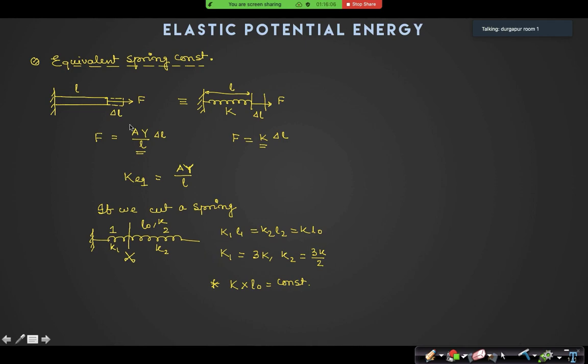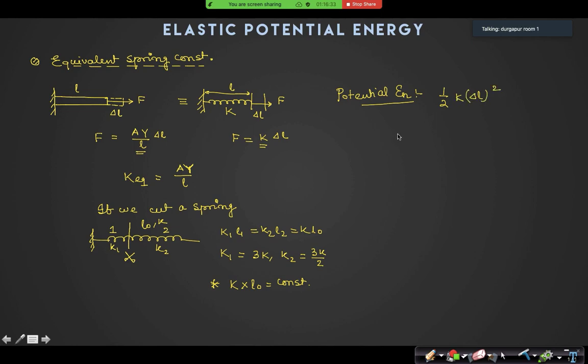If I now know the equivalent spring constant, then I can also calculate the potential energy stored in stretching a rod. Potential energy is equal to half k x square, half k delta L square.